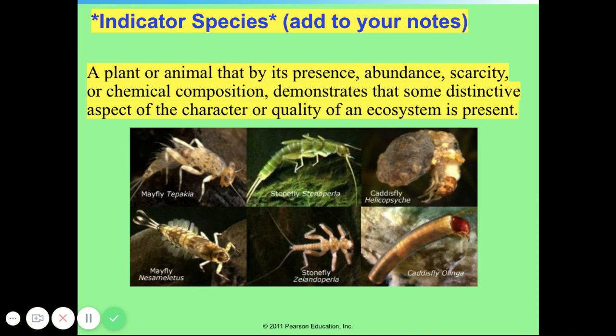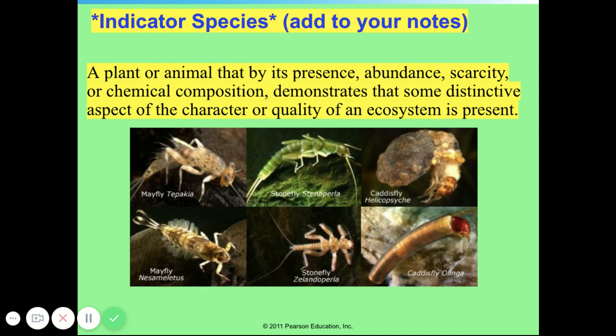Indicator species are not discussed in your textbook, but they are species that are typically sensitive to environmental change, and they may signal a change in the environment or tell us something about the quality of an ecosystem. For us, when we go out in the spring and do stream sampling, we look for little things in the water that we call macroinvertebrates.